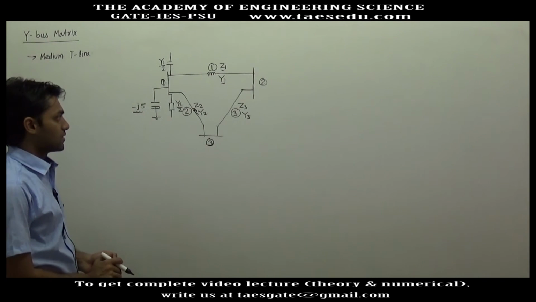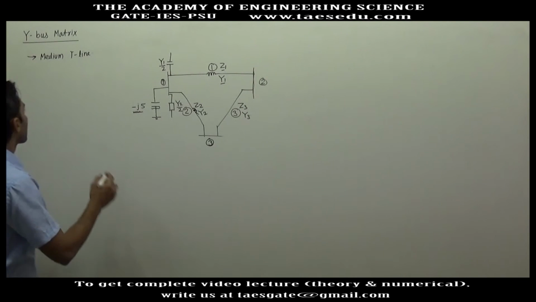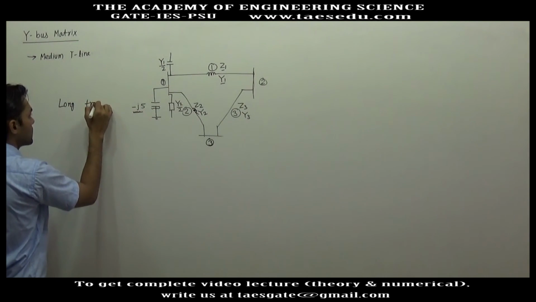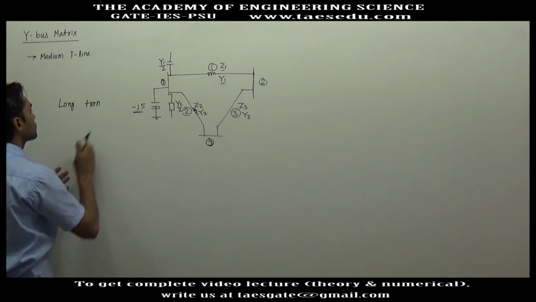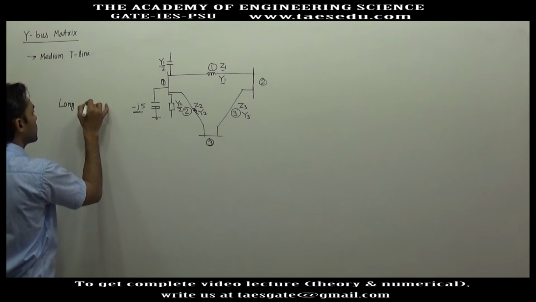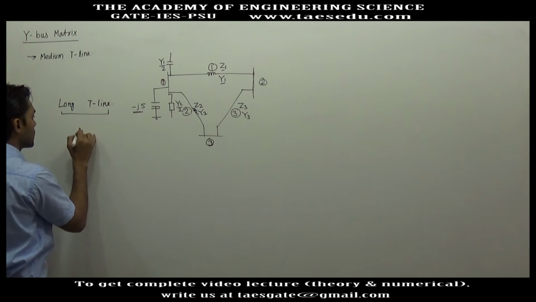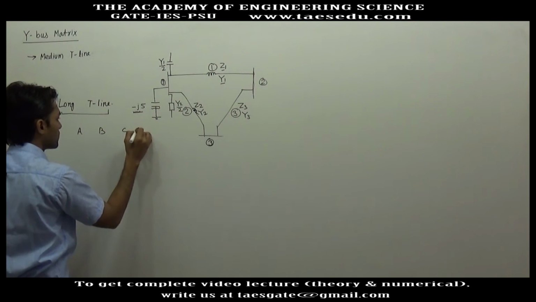And for a long transmission line, suppose a long transmission line is given. Even for a long transmission line, you can find out ABCD parameters.